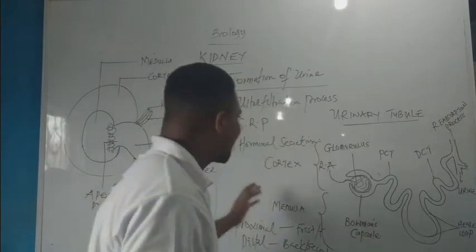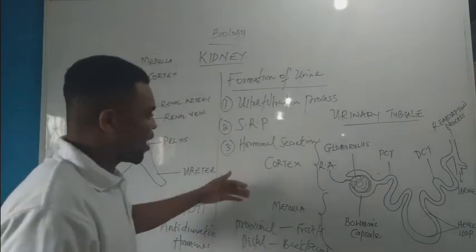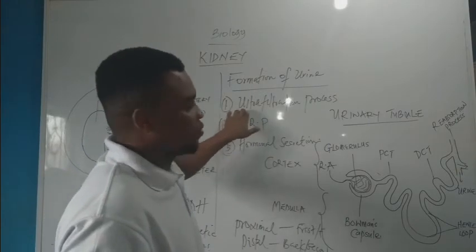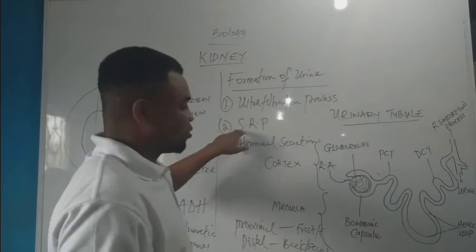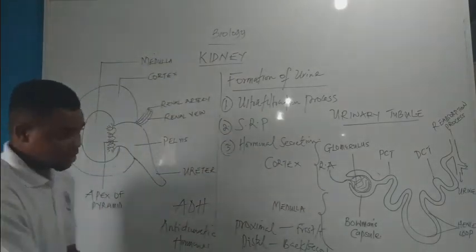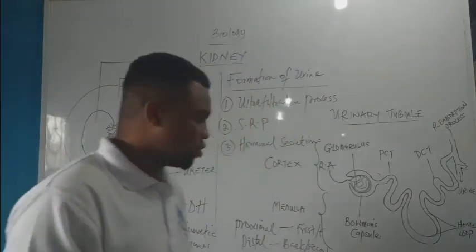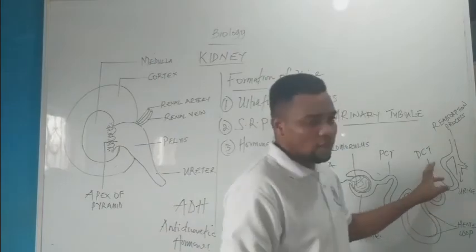At this stage, that is how urine is being formed. It undergoes three processes of formation. It first formed as glomerular filtrate, following the process called what? Ultrafiltration. Then it's reabsorbed by the selective reabsorption process, and at hormonal secretion, when hormone is secreted, they now reabsorb the useful part of the remains accumulated at the distal convoluted tube.